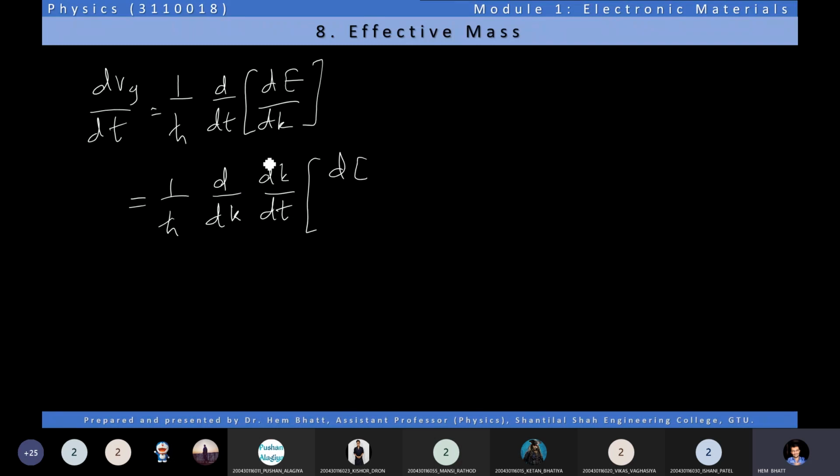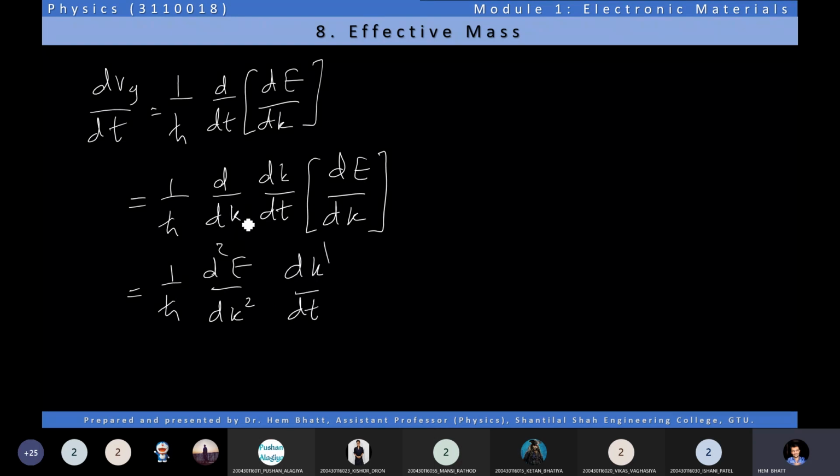Okay, it is nothing but simple maths. So that is 1 by h cut d2E by dk square into dk by dt.